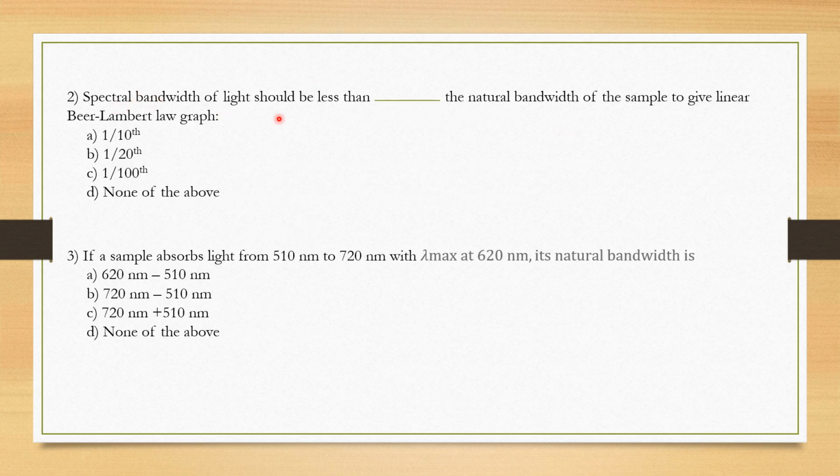Second one, spectral bandwidth of light should be less than dash the natural bandwidth of the sample to give linear Beer Lambert law graph. A 110, B 128, C 100, D none of the above.